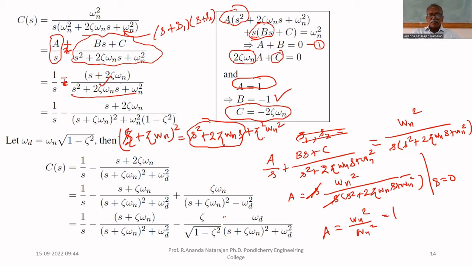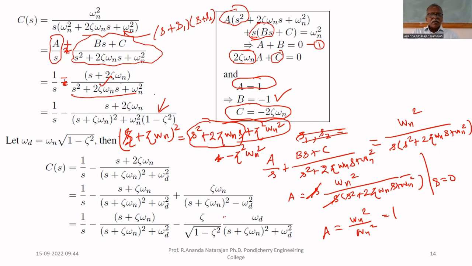That's why we have to add and subtract this term, so that we can write S plus zeta omega n whole square plus here, what is the term? Zeta square omega n square. That has to be subtracted. So add 1 term and subtract 1 term, minus zeta square omega n square. These 3 terms become S plus zeta omega n whole square.